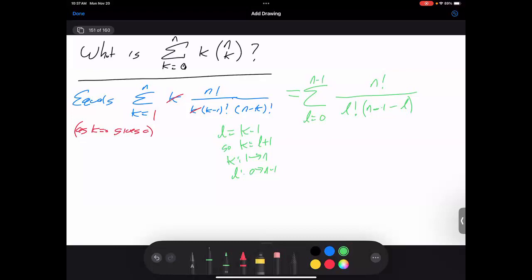How could I write the n factorial? It's n times n minus 1 factorial. So I'll write this as the sum, L goes from 0 to n minus 1, of n times n minus 1 factorial over L factorial times n minus 1 minus L factorial.